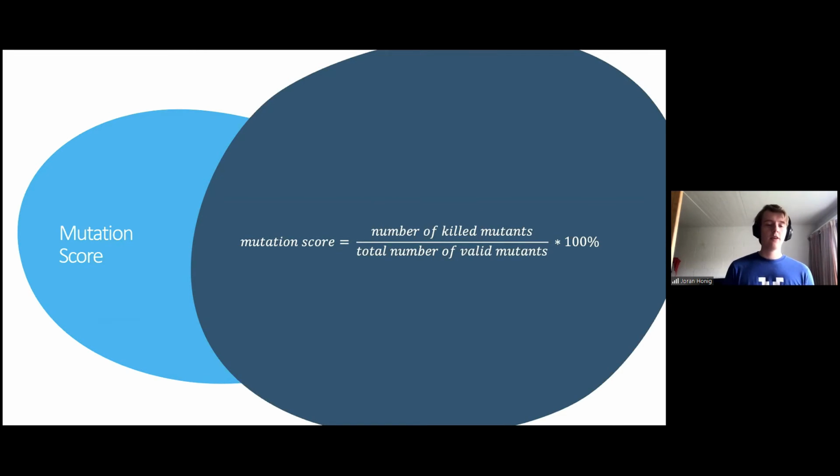And if we assume that the mutants that we created are representative of actual bugs, then this number will also estimate the chances that your test suite will capture or prevent actual bugs in your code.